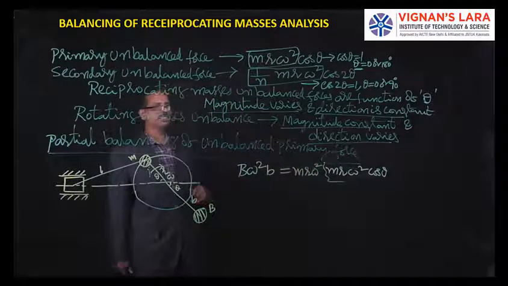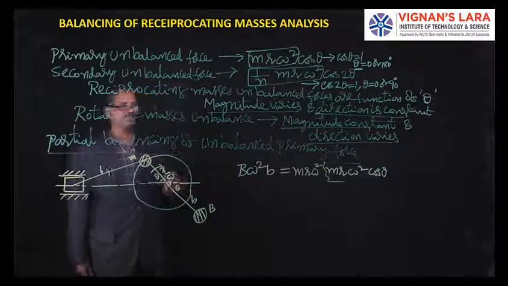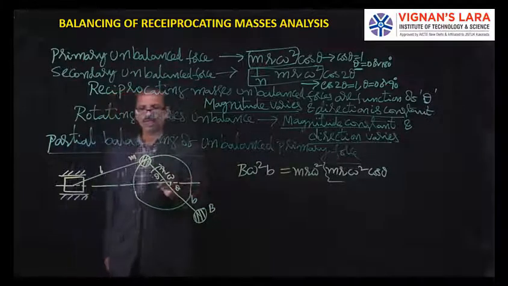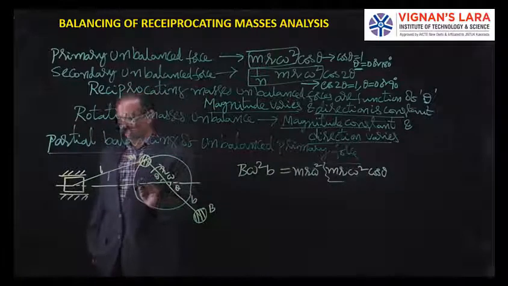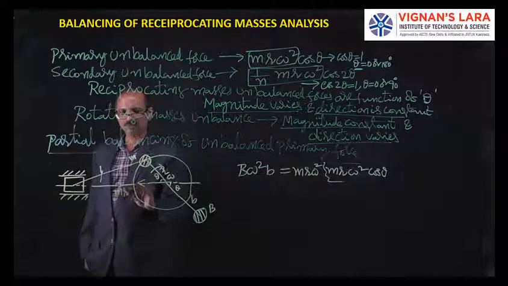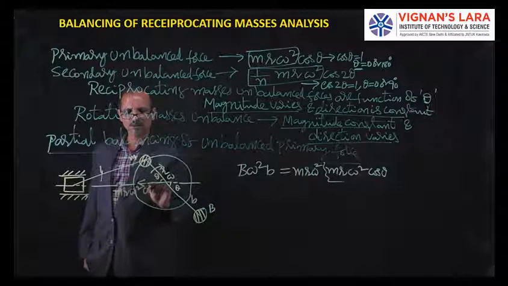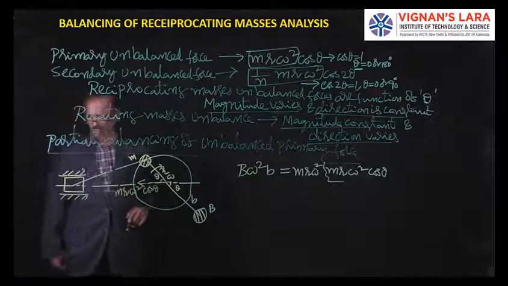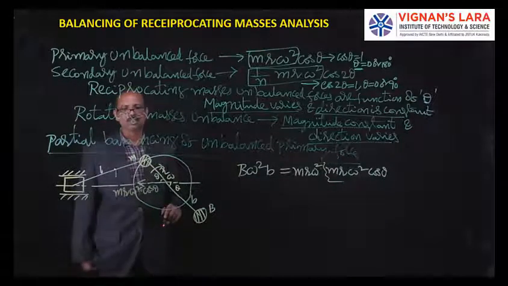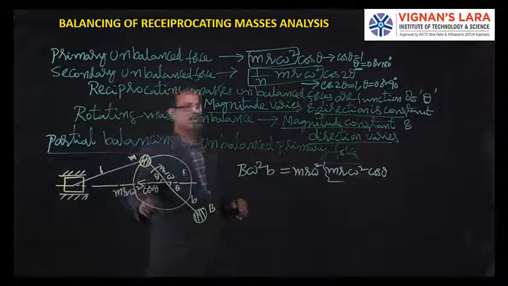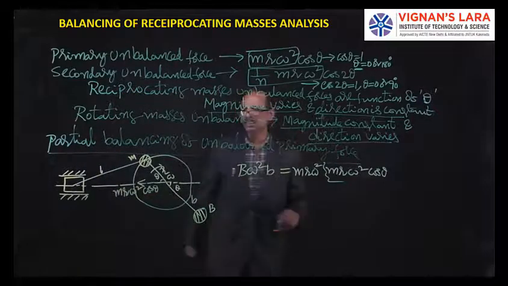If I go for complete balancing, actually what is my unbalance? My unbalance is only mr omega square cos theta, isn't it? So this unbalance mr omega square cos theta is the primary unbalance.